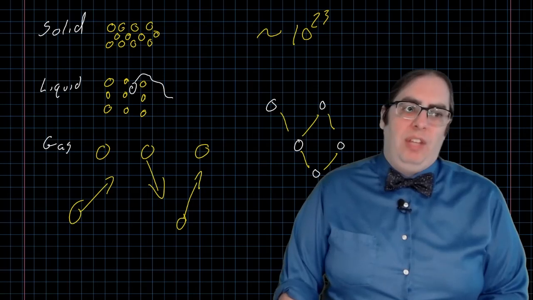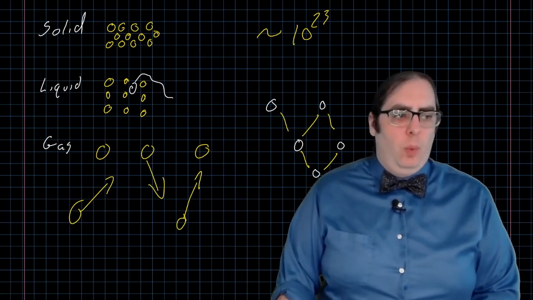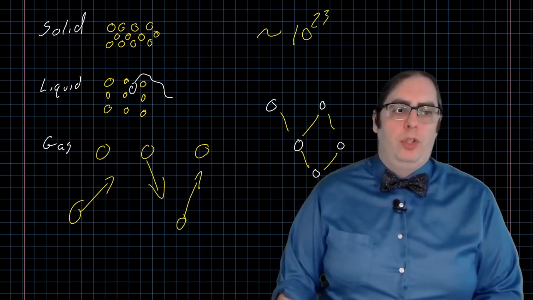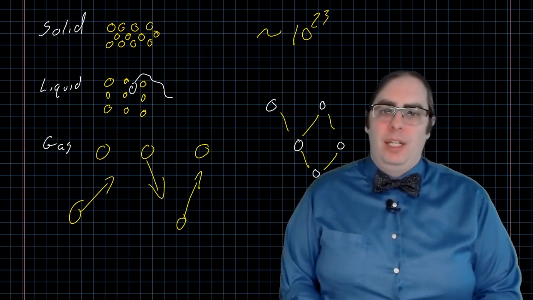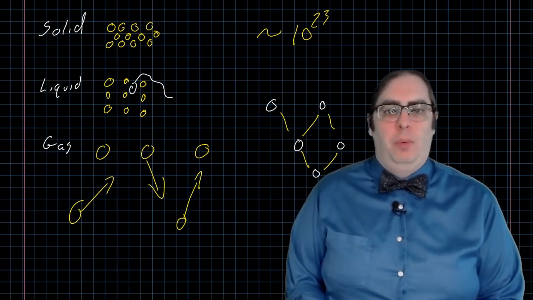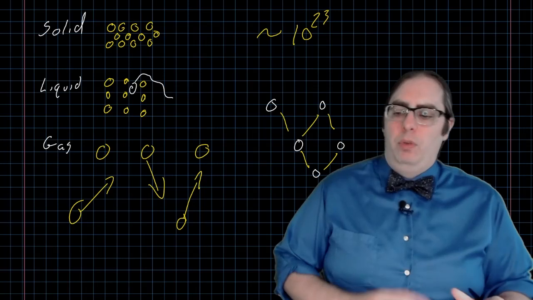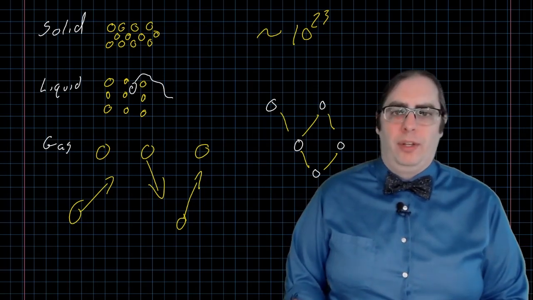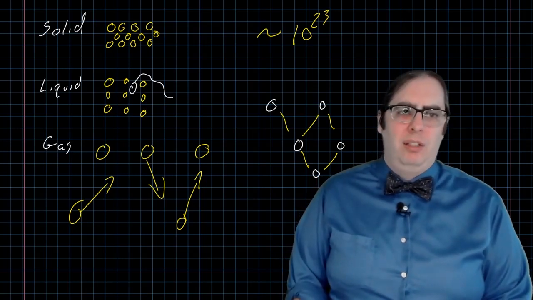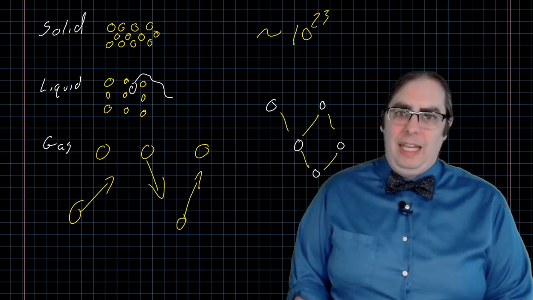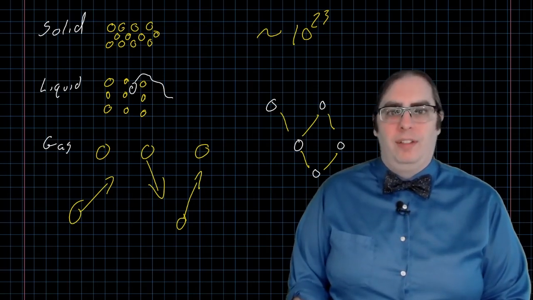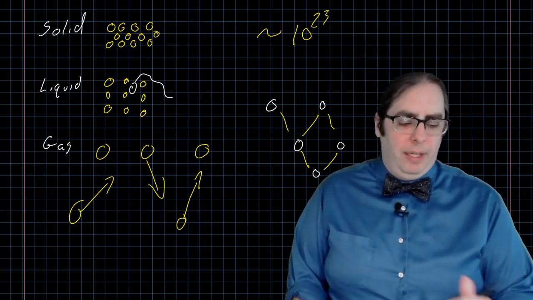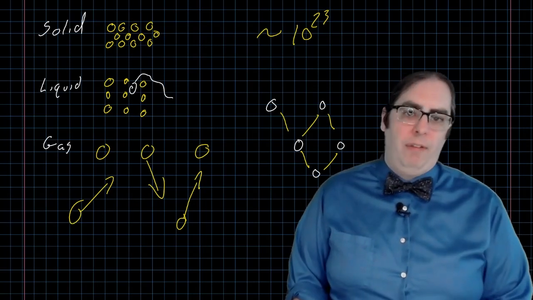And water has a weird tendency where these crystals cause the molecules to spread out a little bit compared to when it's liquid and they're able to move around with respect to each other. That's not something you see in, honestly, I don't think anything else, but as soon as I say nothing else, somebody will find something else somewhere. But it's not something you see very often in the world.